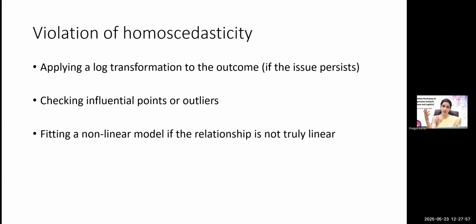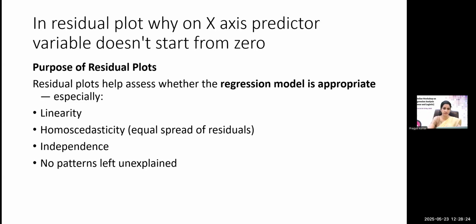You can check for outliers, and after removing them, you can perform the linear regression, or you can perform a non-linear model. What is non-linear? Those are the segmental or quadratic regressions. Those are not linear models, which means the relationship is not linear, so you cannot go with the linear regression equation.